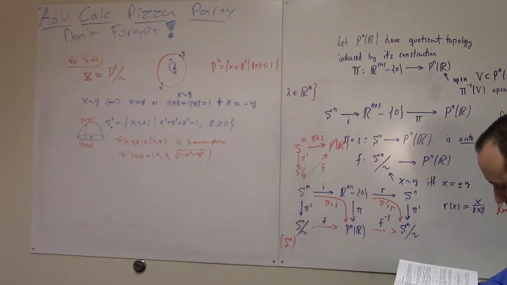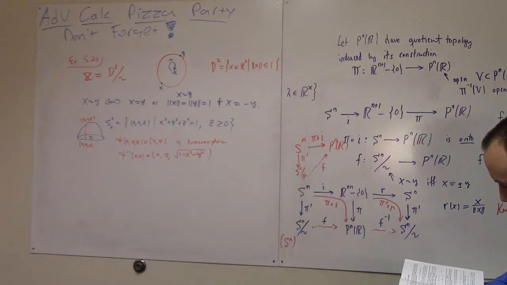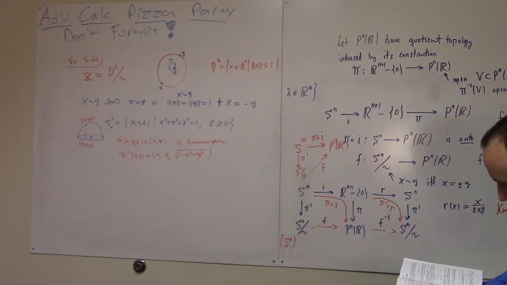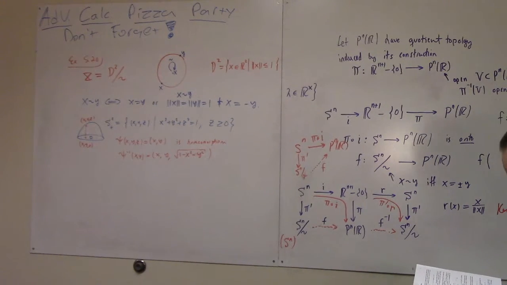All right. Then what? He says X is, what is X? X was the thing we started with. He says X is homeomorphic to S2 plus mod the antipodal identification. Do you guys follow this?